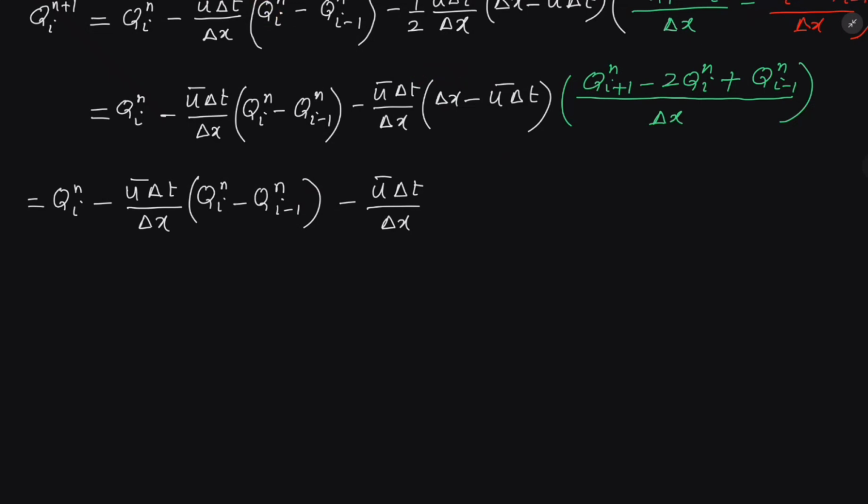So we get delta x, then multiply the green color, and the green color becomes q n i plus 1 minus 2 q n i plus q n i minus 1 divided by delta x over here.